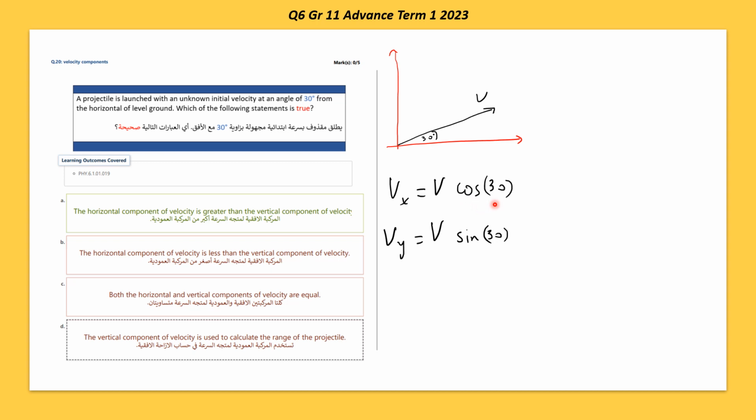By doing the calculation, you can try that cosine 30 is equal to 0.89, but sine 30 is equal to 0.45. So of course the x component here is the greatest. Okay, so the first statement is the correct one.